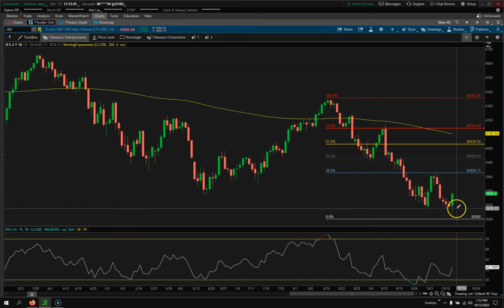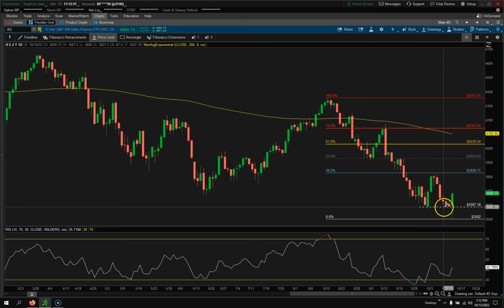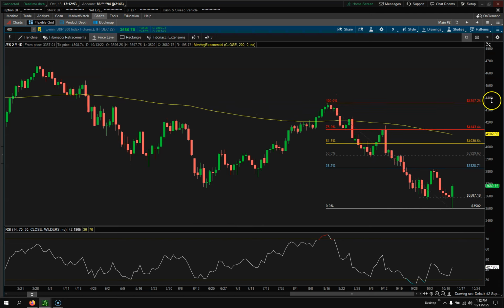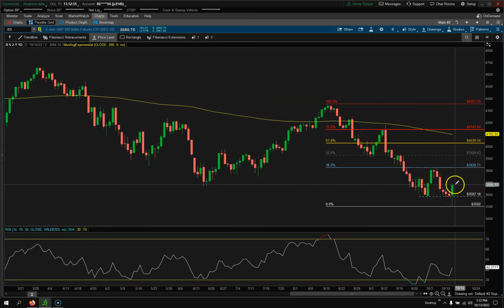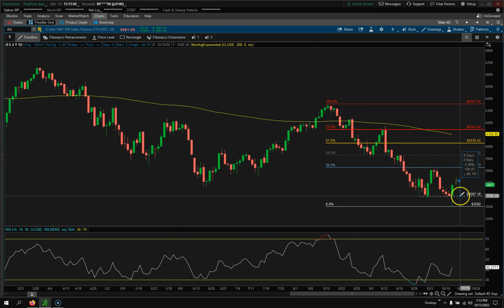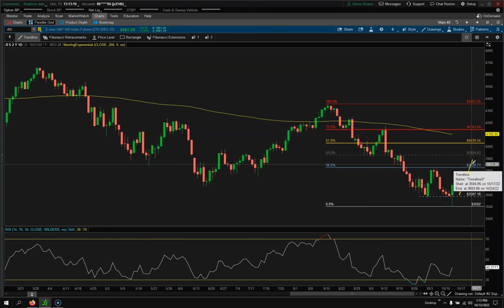With that being said, I would look for a potential pullback in the next few days, probably around this 3,600. So be careful not to chase, because what we may see is the market do something like this, have a pullback and then go higher, and then we would have a low, a high, a higher low, a higher high, and start this entire trend where we were making lower highs and lower lows.